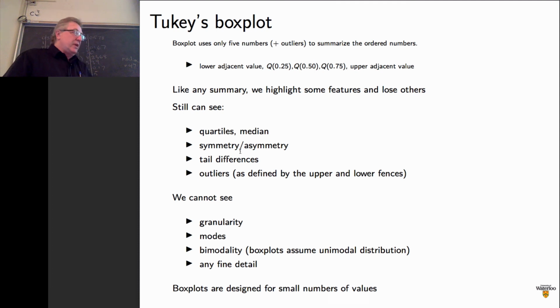You can see whether it's symmetric or asymmetric, some outliers, differences in tails. But what you can't see is anything to do with granularity. So you can't see the modes, you can't see how fine the data is, etc. And I remind you again that box plots as designed originally are for small numbers of data points. Any questions on box plots?